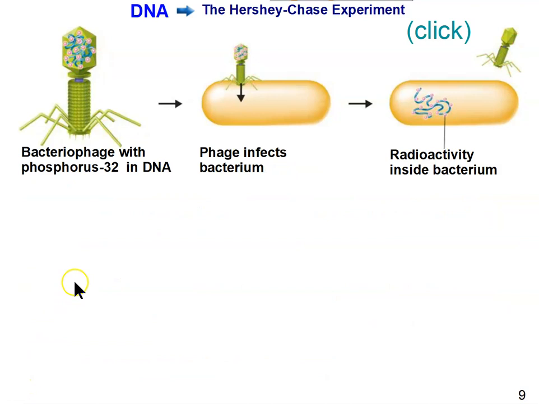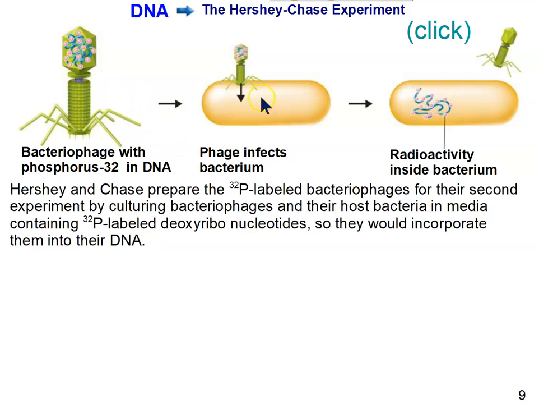They then repeated the experiment, but this time they used phosphorus 32. And it turns out that there's phosphorus in DNA. There's a lot of phosphorus in DNA, actually. You'll learn that in this unit. But there's not much phosphorus or no phosphorus in protein. So that selectively tagged the DNA in the viruses. And they did the same thing.